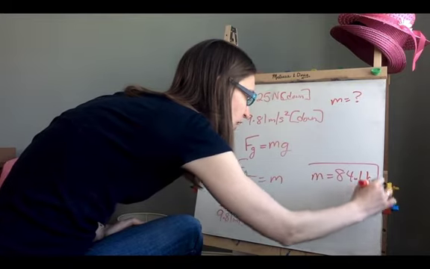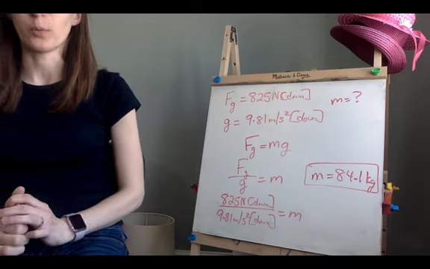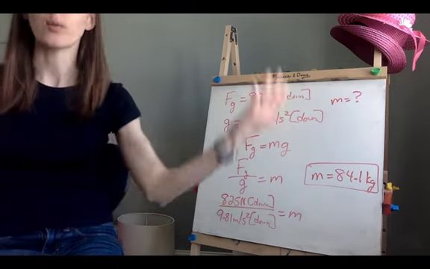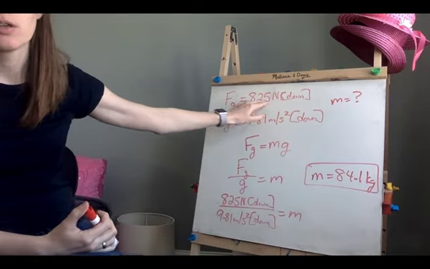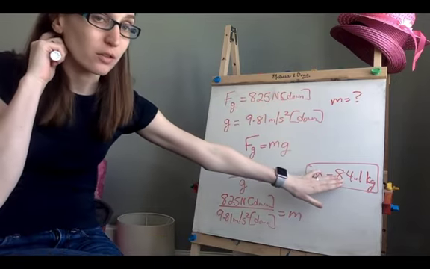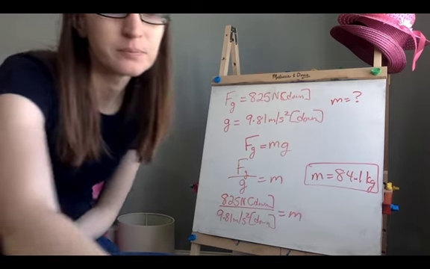All right, so this object, or this student, has a mass of 84.1 kilograms anywhere, right? Weight of 825 newtons on Earth, mass of 84.1 kilograms anywhere on Earth or anywhere in the universe. Okay.